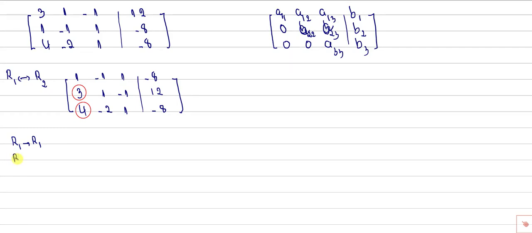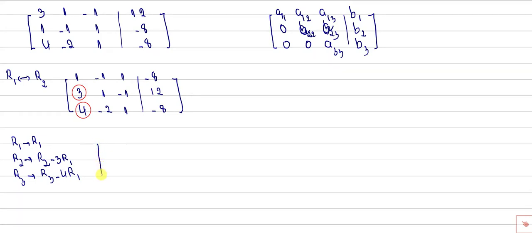Row 2 gets from row 2. For this one to be 0, we should minus 3 row 1. And row 3 gets from row 3, this is 4, so minus 4 row 1.